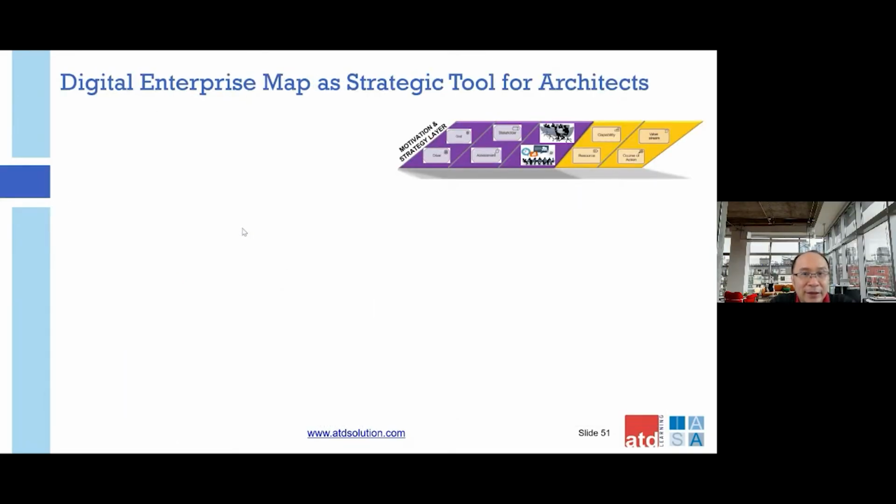Then of course, at the end of the day, after you come out with all this, you have what I call the digital enterprise map, which is like the GPS on the road today. This is the GPS for your enterprise. If you are working for the government, ministry, or agency, this is basically the GPS of your ministry or agency. So you understand all the motivation and strategy layer, the top layers.